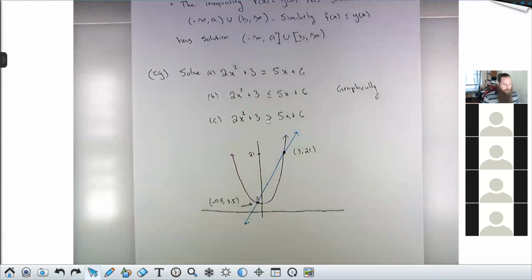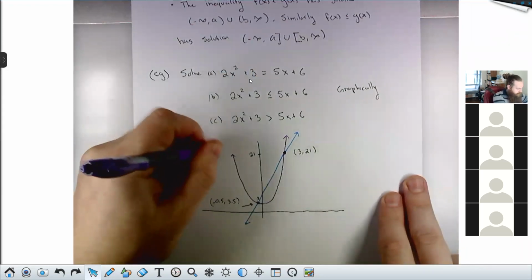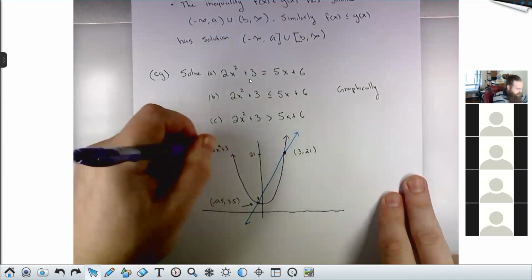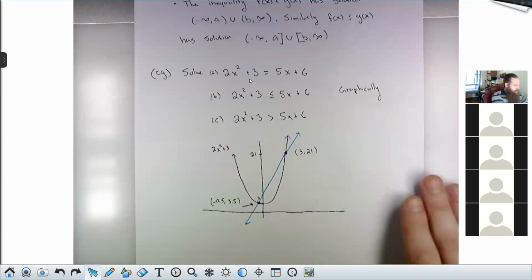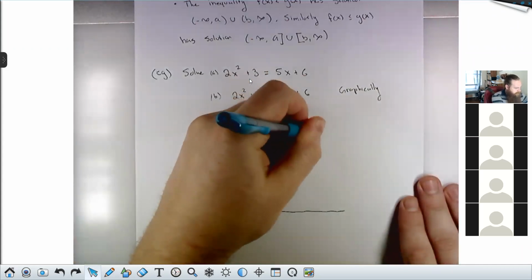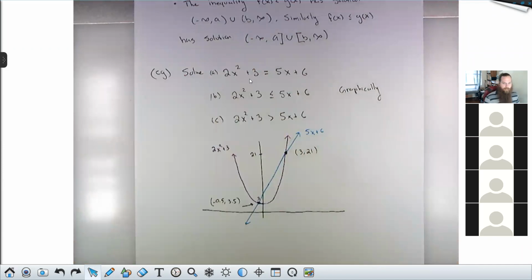So what we've done is we've graphed the left-hand side here, 2x squared plus 3 in purple. And we've graphed 5x plus 6 in blue. And using this graph, we want to solve each of these things, the equation, the inequality.